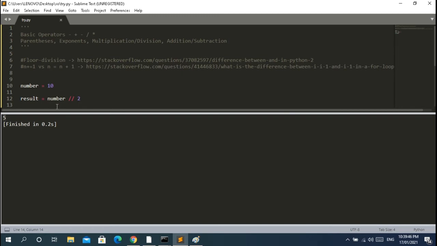If you want a whole number instead, you can just do a floor division.